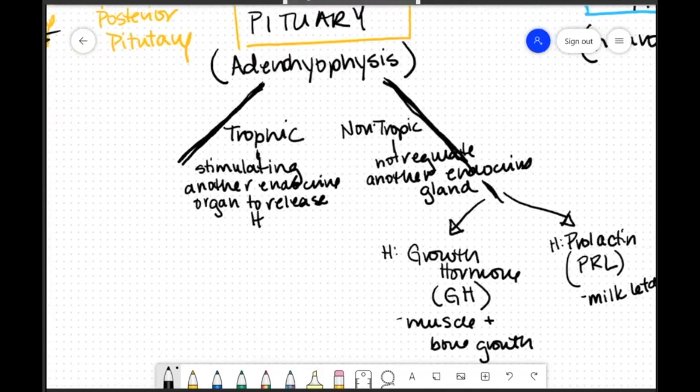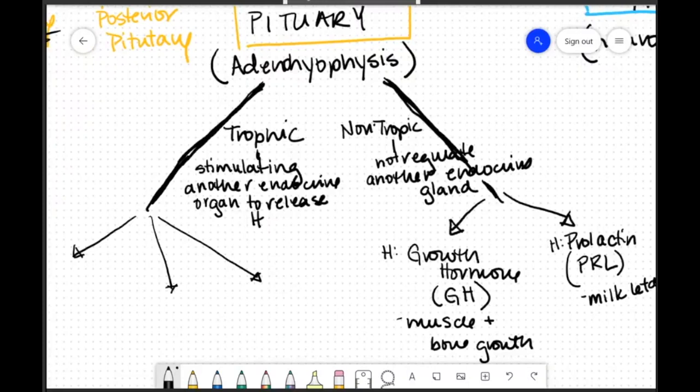Coming down to this trophic branch, there are going to be three: 1, 2, 3. These are the trophic hormones from the anterior pituitary, so these hormones act on another gland.